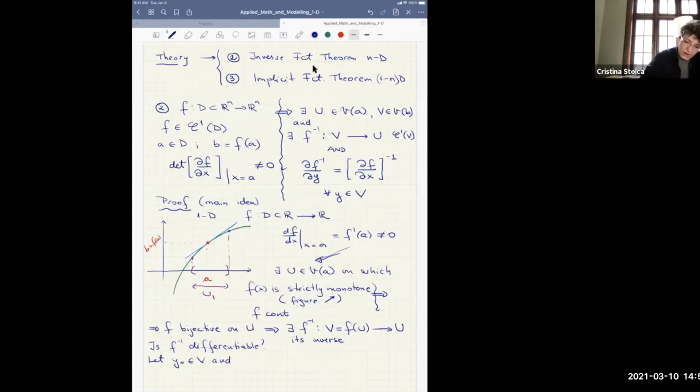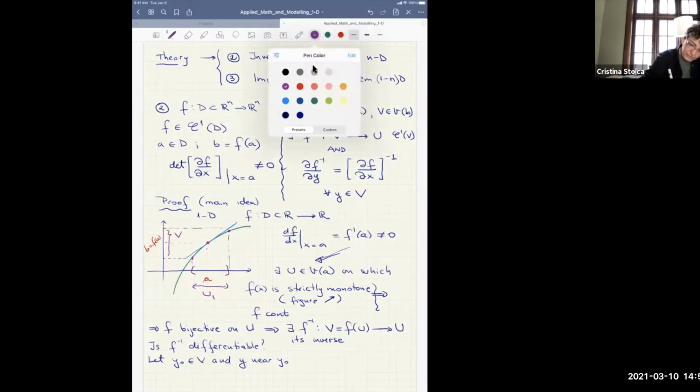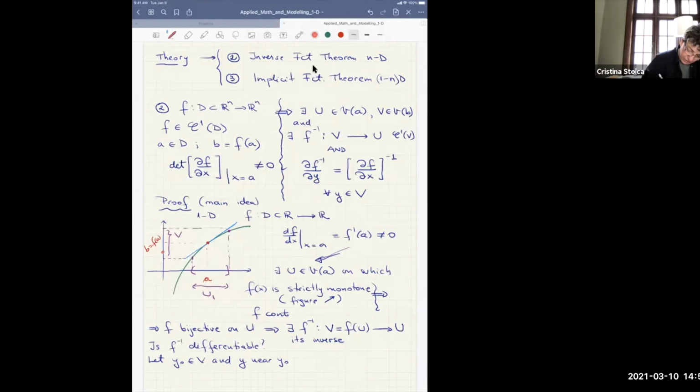Actually, I didn't draw V, so I can draw V as well, which is the image of U. Here it is, zoom, zoom. So this guy would be V. And now I'm discussing the differentiability of f minus 1 at a point in here. So let's say this is y naught, and I'm taking a y somewhere near here, around there.